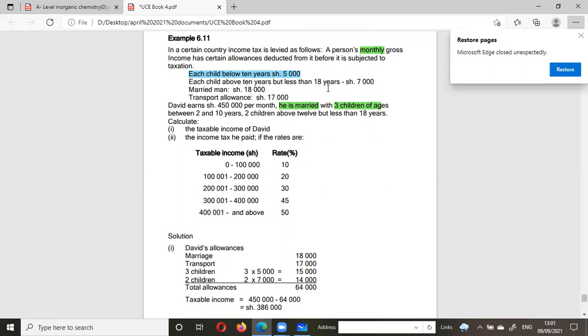Then he has 2 children above 12 years but less than 18. Someone who's above 18 is not K34. Have you got that statement? Suppose he had a child of 23 years, that child is not K34 because they are mature enough.